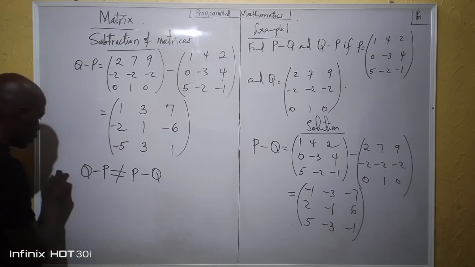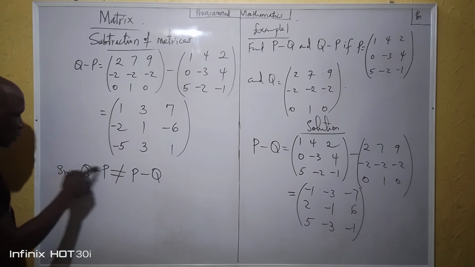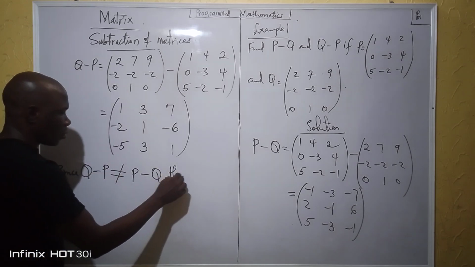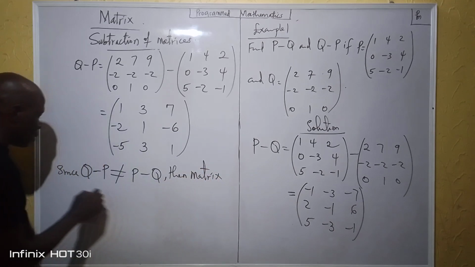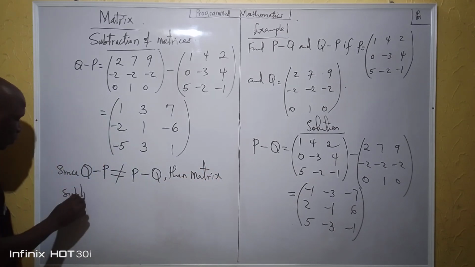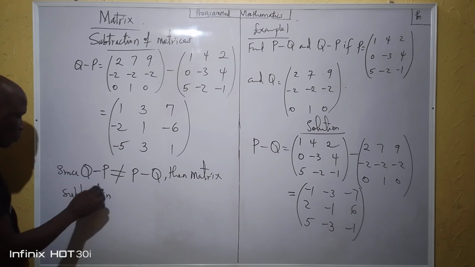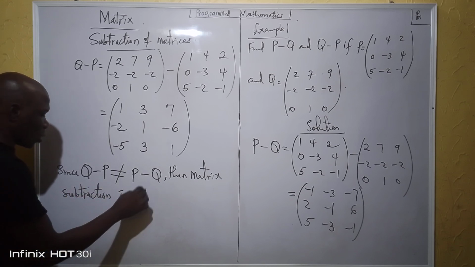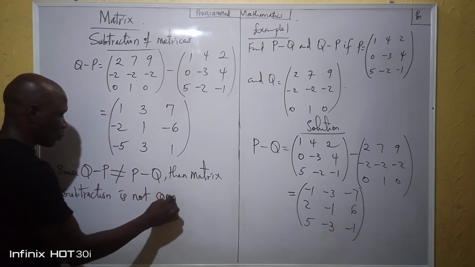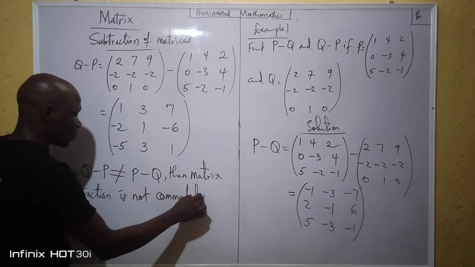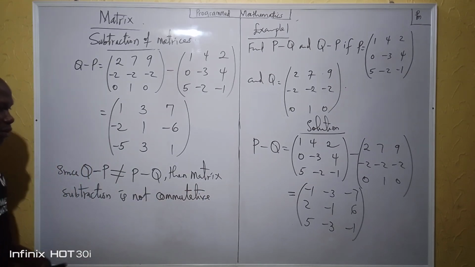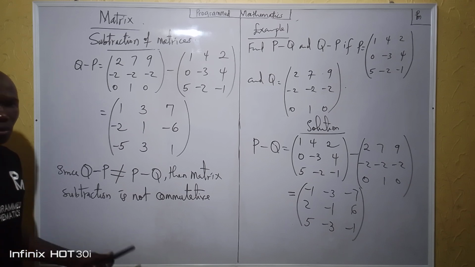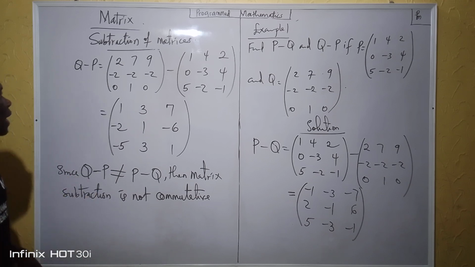So I can conclude that since this is not equal to this, matrix subtraction is not commutative. So subtraction of matrices is not commutative. Alright, so that is that.